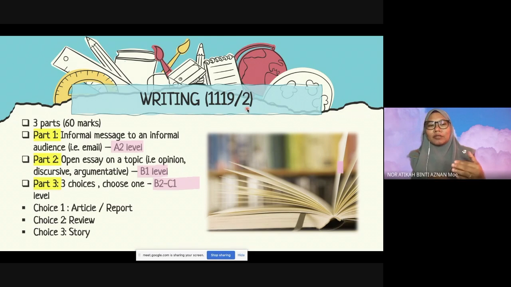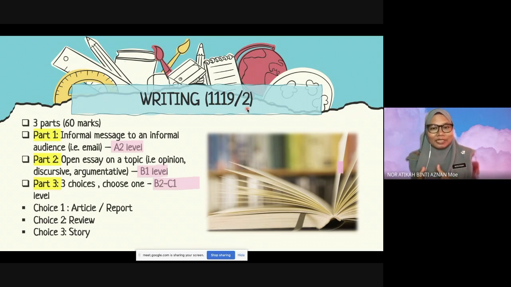And if you can see the slides here, for part 1, part 2, and part 3, there is a progress to how the level of difficulty has increased, to how the length of the writing has increased. So the bar goes higher and higher as you write more.